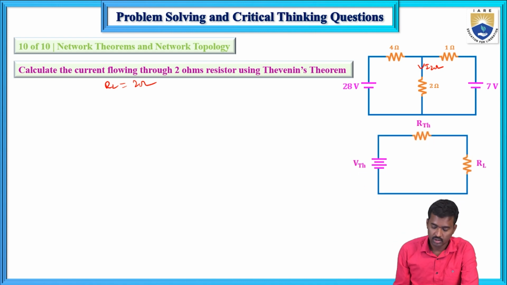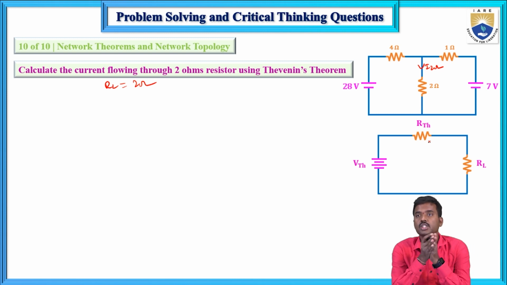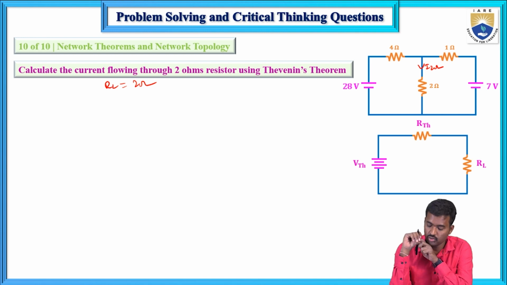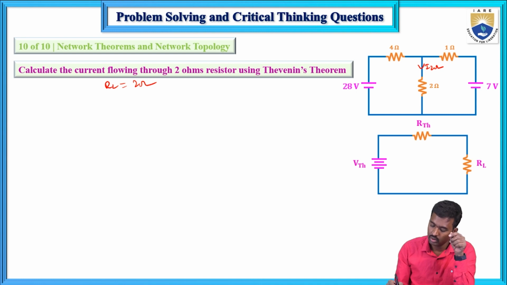Solution for this. Now here this is the equivalent circuit. This circuit is replaced by a single equivalent circuit. So any number of voltage sources, current sources and resistors are replaced by a single equivalent circuit. That single equivalent circuit consists of one voltage source in series with a resistance. That voltage source is known as Thevenin's voltage and that resistance is known as Thevenin's resistance, and reconnect the load resistance. That load resistance equals 2 ohms.